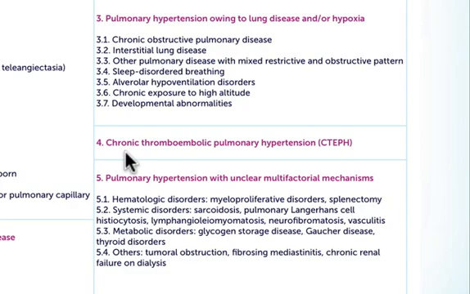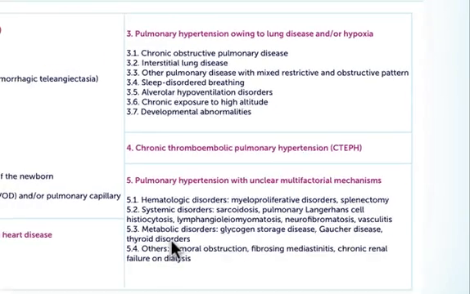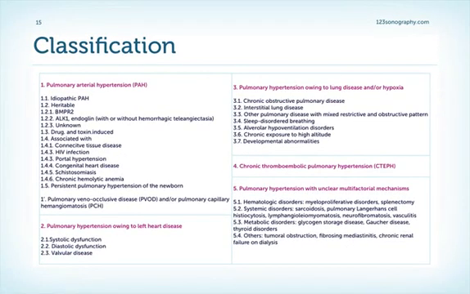Chronic thromboembolic disease is the fourth group, and last but not least, the fifth group, containing disorders with unclear or multifactorial mechanisms, such as myeloproliferative disorders, sarcoidosis, or thyroid disorders, and many, many others, some of which I've actually never seen before in clinical practice.